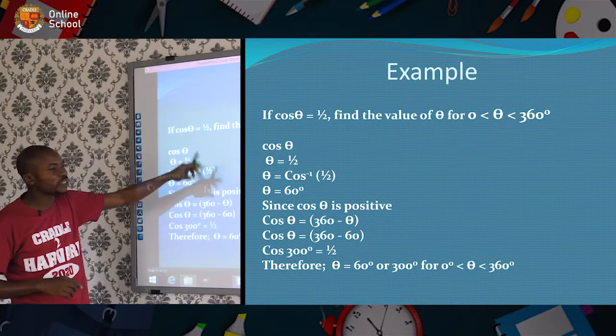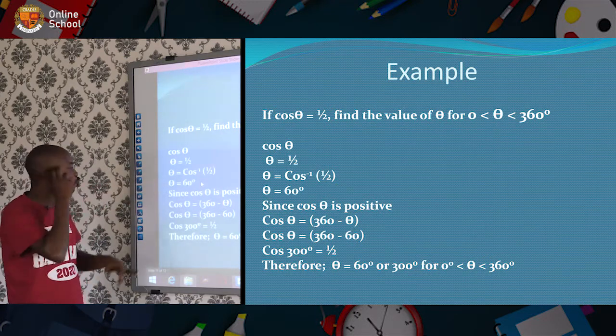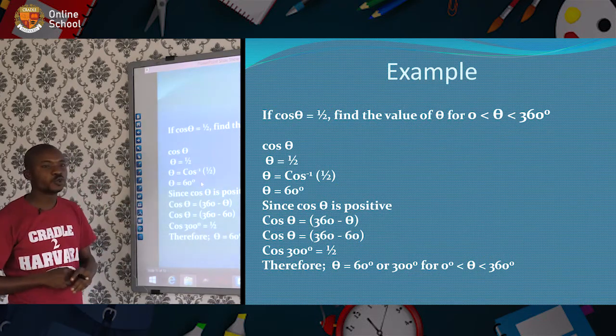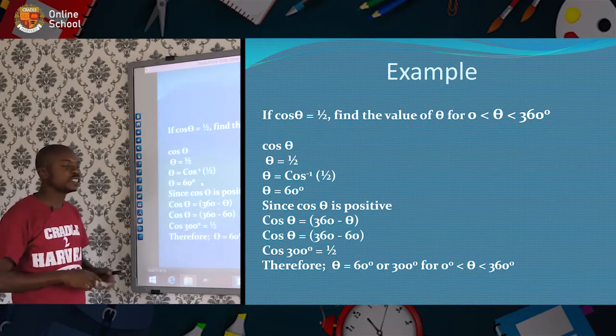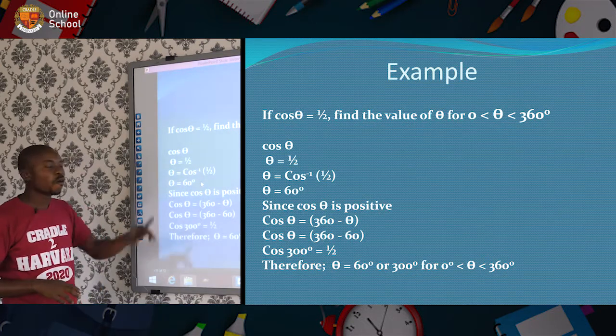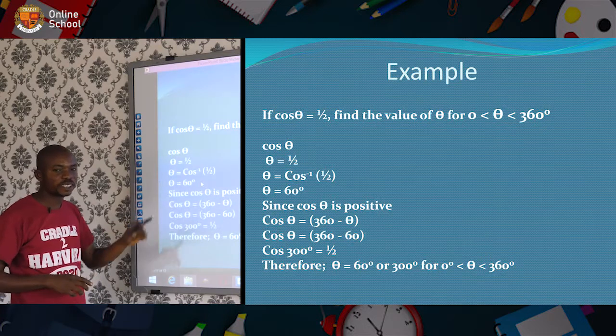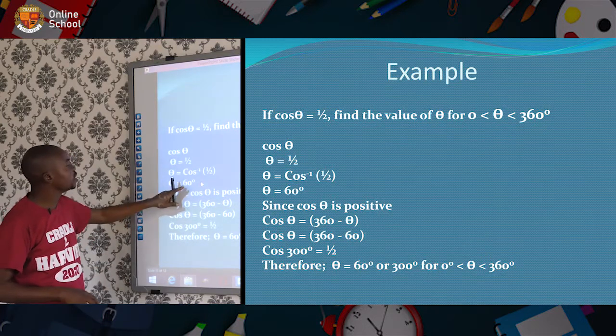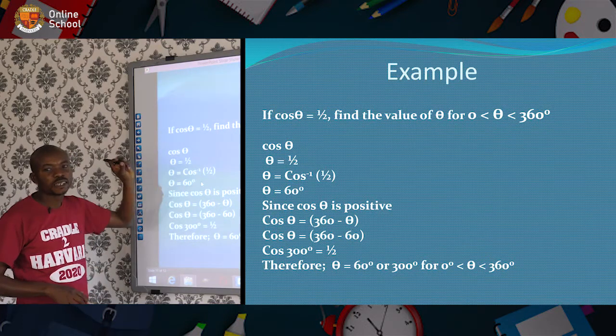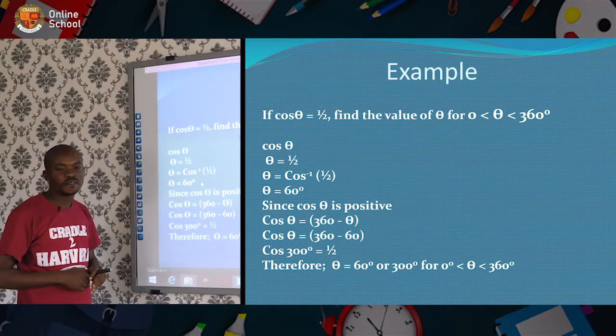So where in the quadrants do we have cos to be positive? Cos is positive in the first and the fourth quadrants. The first value, 60 degrees, can be found in the first quadrant.